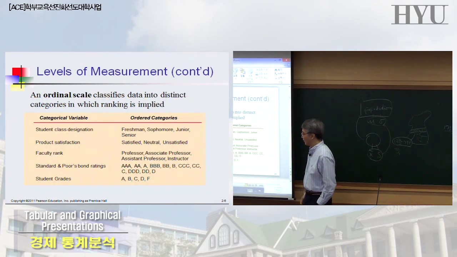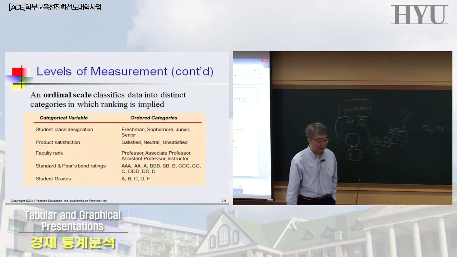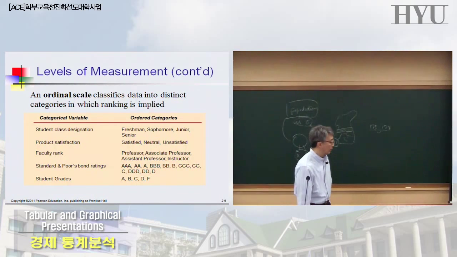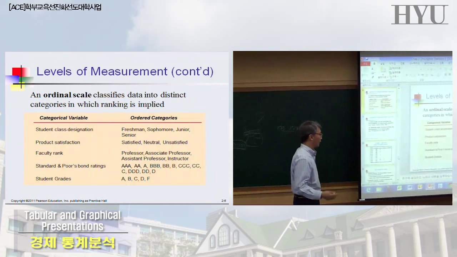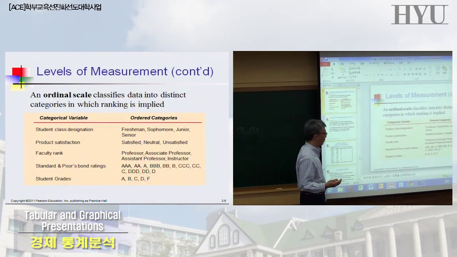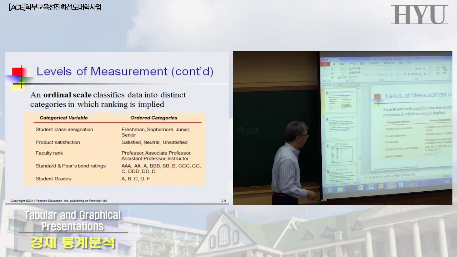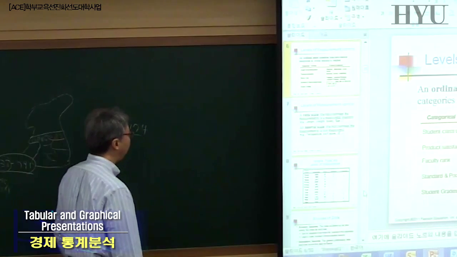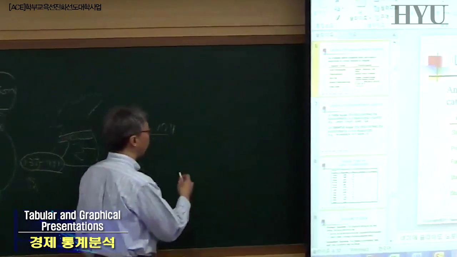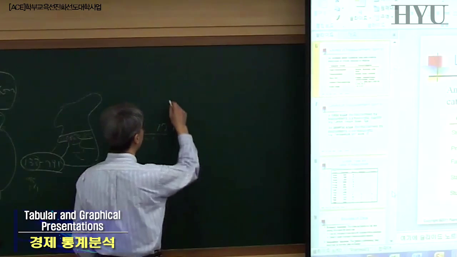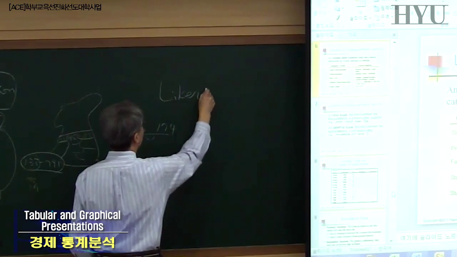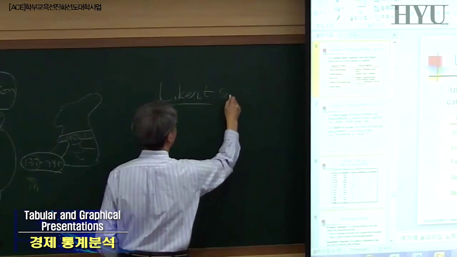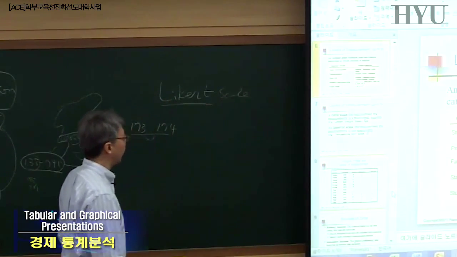Product satisfaction, many times they have a survey. How satisfied are you with this product? You can have satisfied or extremely satisfied, fairly satisfied, neutral, unsatisfied, or extremely unhappy, something like that. There is one type of survey called the Likert scale survey.